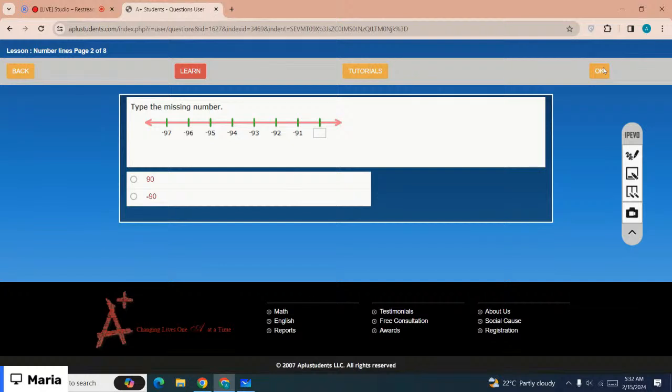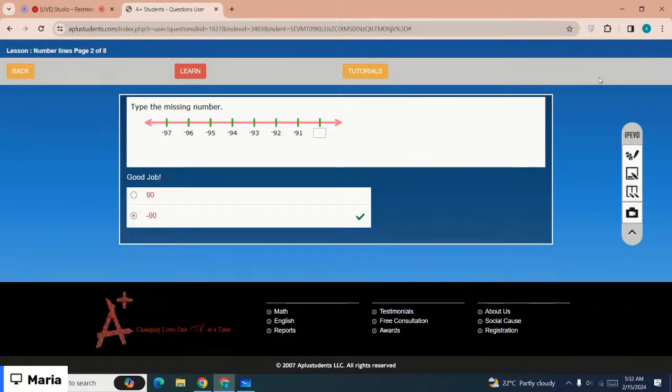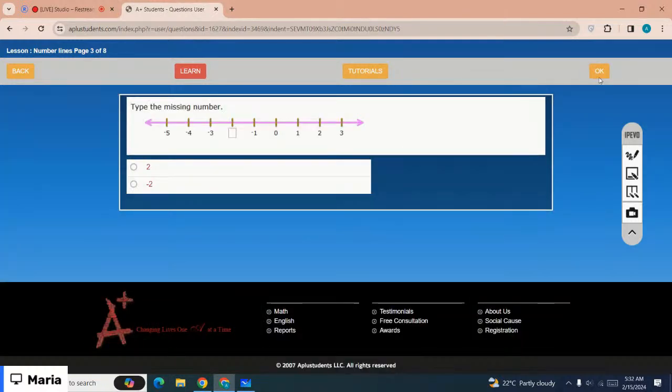Type the missing number, which is the correct option? That is negative 90, right? Type the missing number.